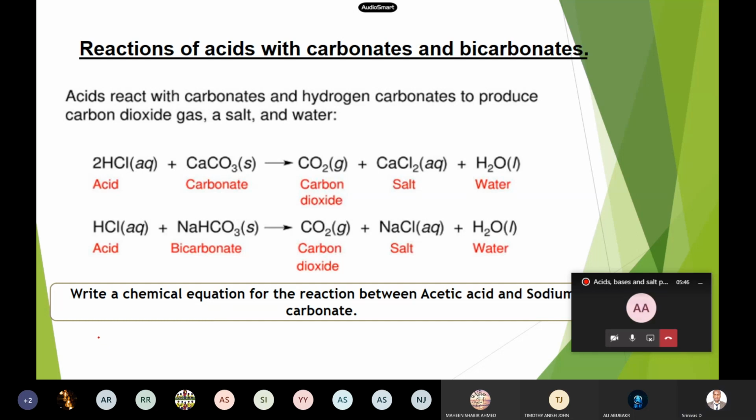Yes, Ram. This is the formula for acetic acid: CH3COOH. Very good. Plus sodium carbonate.